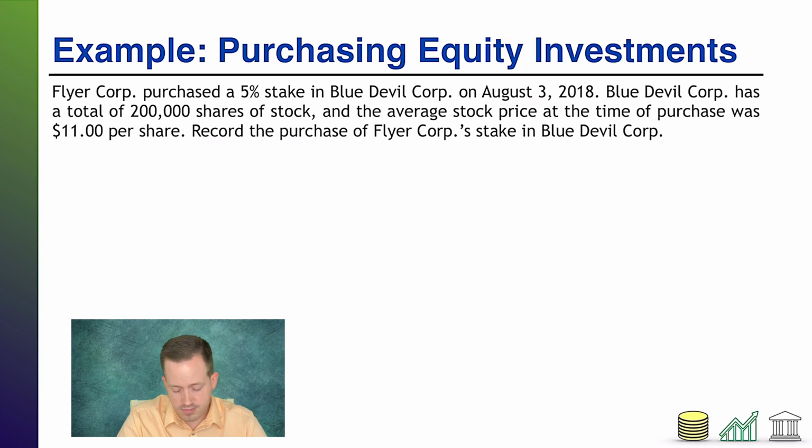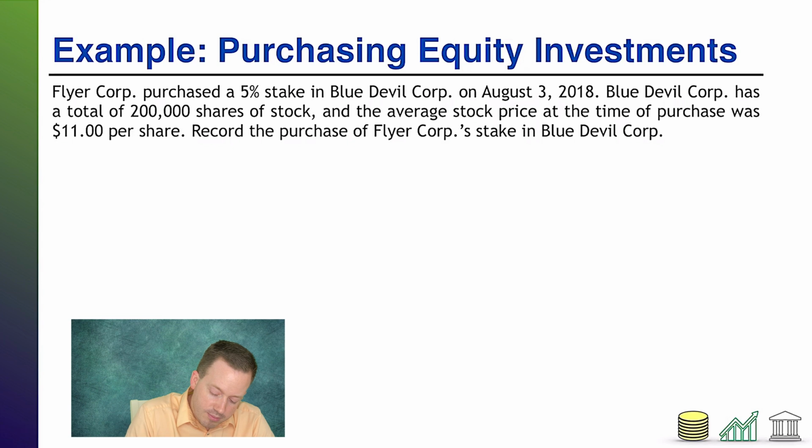So, first thing we need to figure out is, all right, there's got to be a value here, right? A dollar value going on. It didn't tell us how much money Flyer Corp spent, but you know if we make a journal entry, we're going to have to record the amount of money they spent in it. So I would say before we go any further, let's just figure out how much money did they really spend.